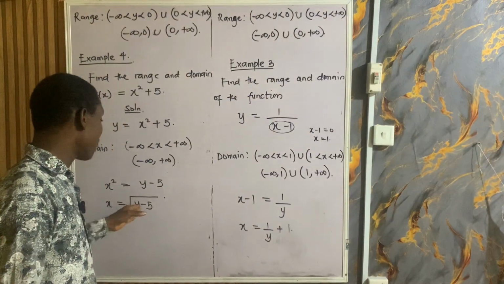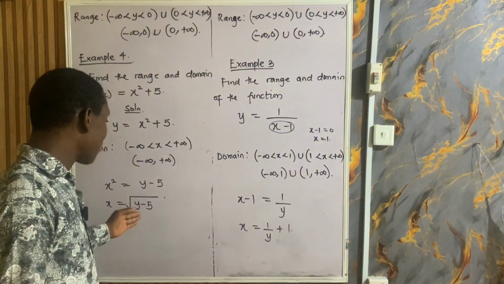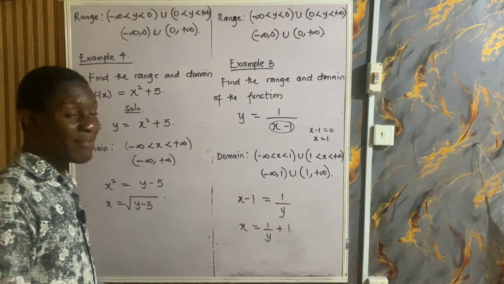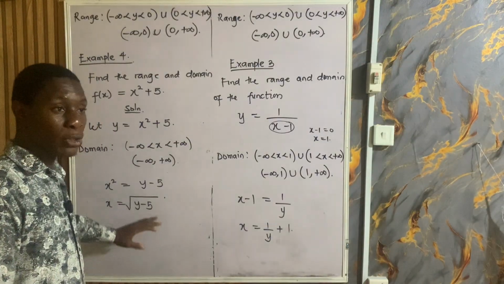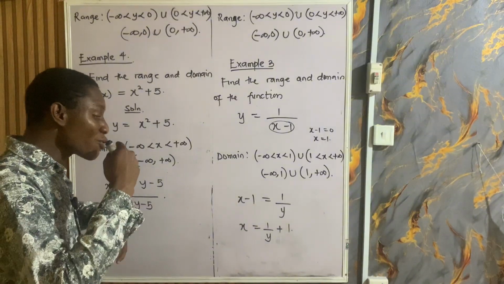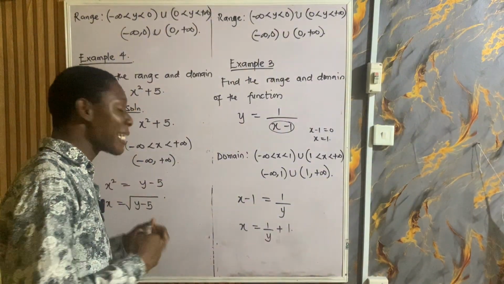If you use 4 as y here, what would happen? This will give us 4 minus 5, that's minus 1. And so whenever you have a root function, the thing to do is to try to avoid anything that will make you have anything negative here.